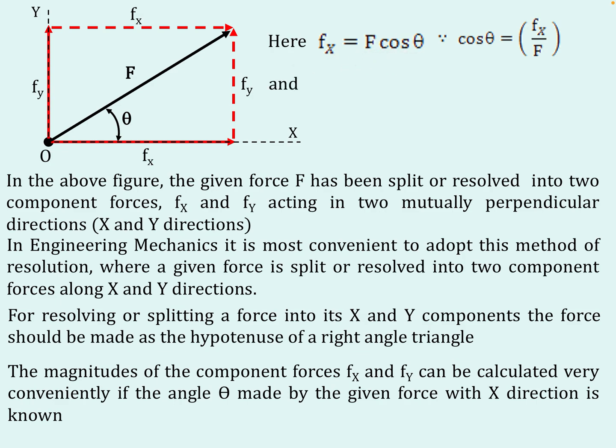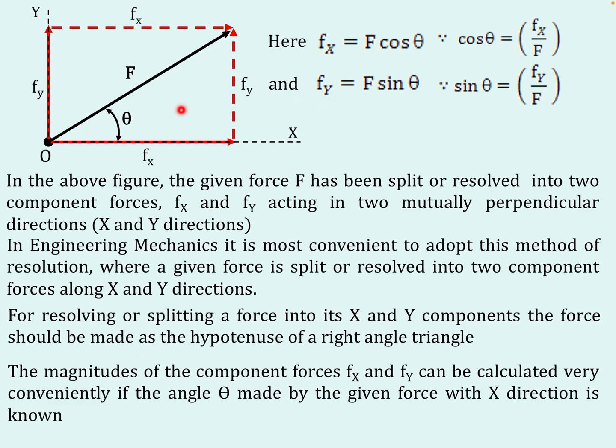And similarly, Fy is again what? F sin theta, because sin theta is nothing but the ratio of opposite side to hypotenuse, Fy by F. So earlier, when we resolved the given force into component forces in arbitrary directions, getting their magnitudes was very difficult.